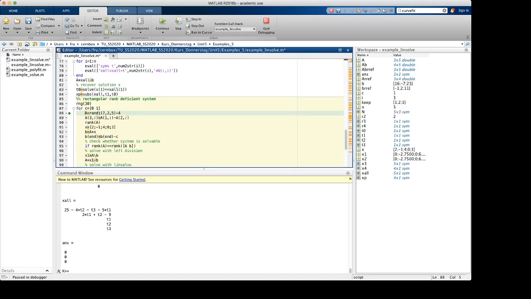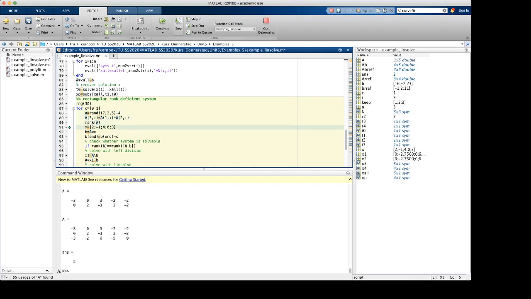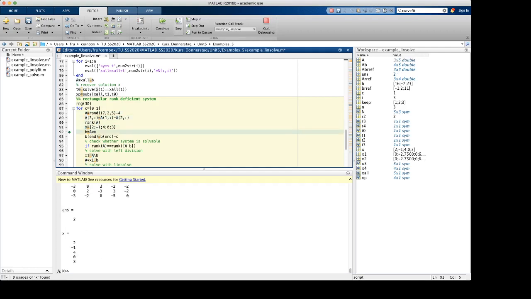Now let's make the second pass through the loop. c is now 1. We obtain a slightly different matrix. Its rank is again 2, right-hand side.